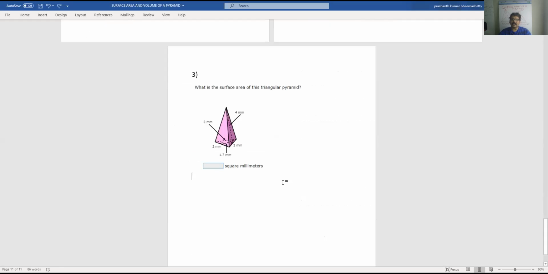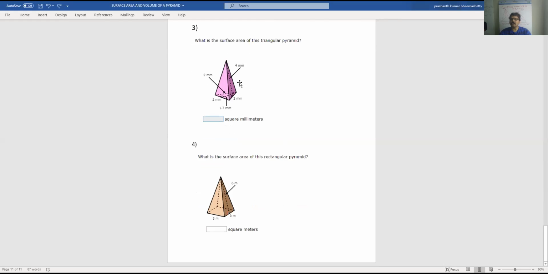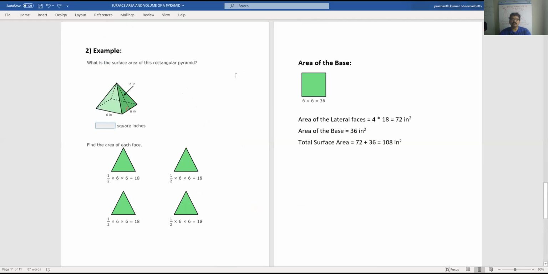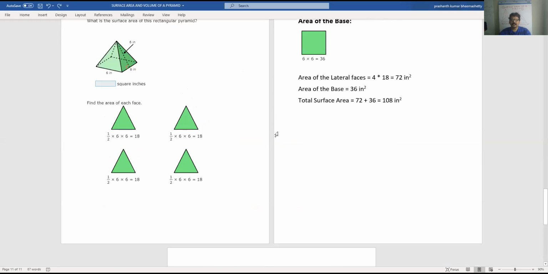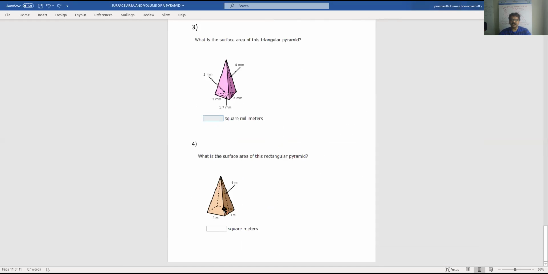For your assignment, I'm going to give you 4 questions to work, okay, on similar pyramids. I gave questions based on triangular pyramids. You see the third one is a triangular pyramid similar to the first question. And on your assignment sheet, you observe the 4th question, which is similar to the second question.